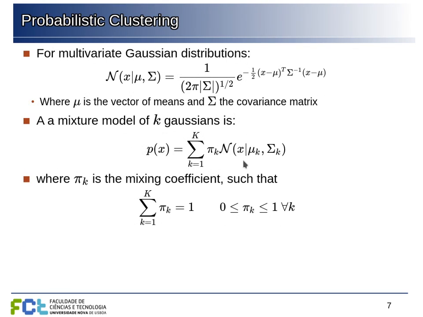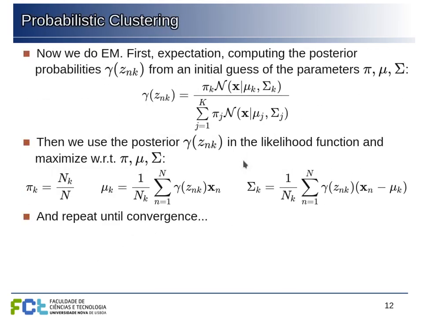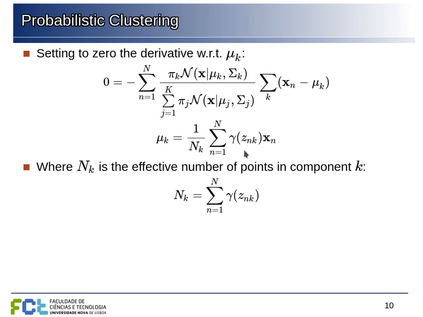Sorry, here, I skipped backwards. Okay. So with k-means, we would simply consider that the point belongs to the cluster. Here, we are considering the probability of the point belonging to the cluster.